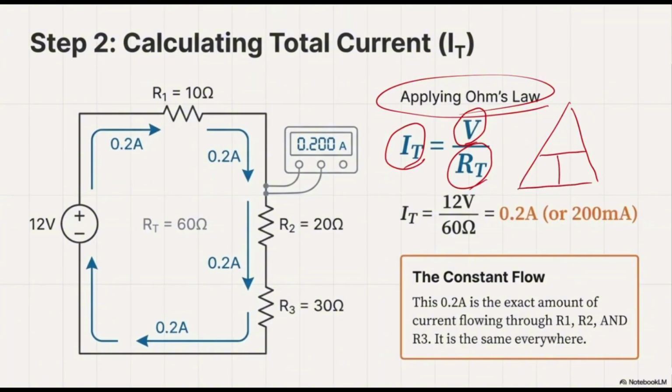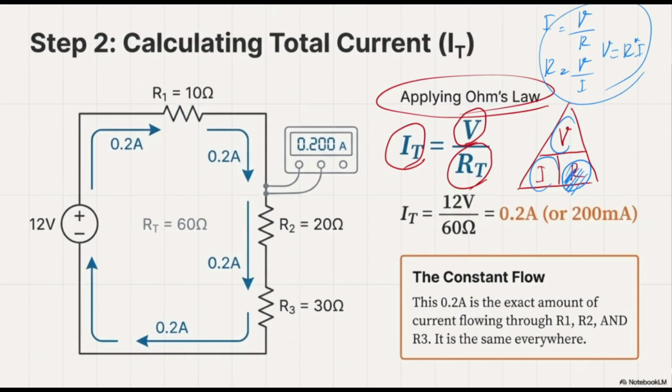There's a very famous triangle, V, I, R. If I would like to find I, the only thing I have to do is put my thumb over it, hide it, and what I get is V divided by R. If I would like to have R itself, I can just put my thumb over here, and I have V divided by I. Because you can have 3 different equations out of it: I is V divided by R, R is V divided by I, and V equals R times I, okay?